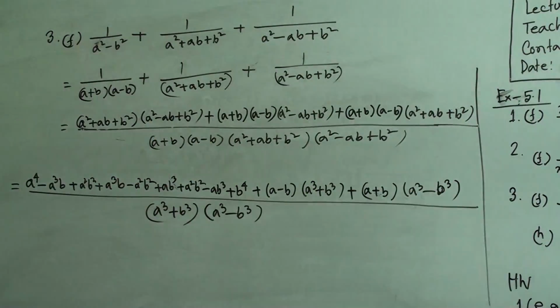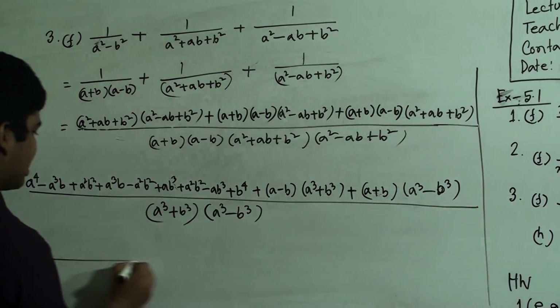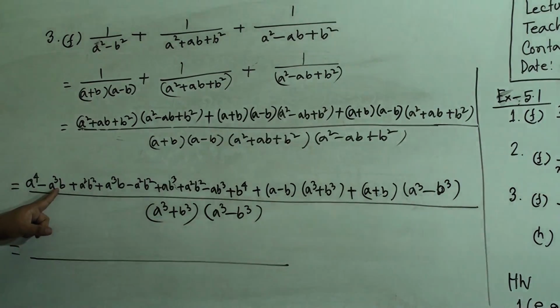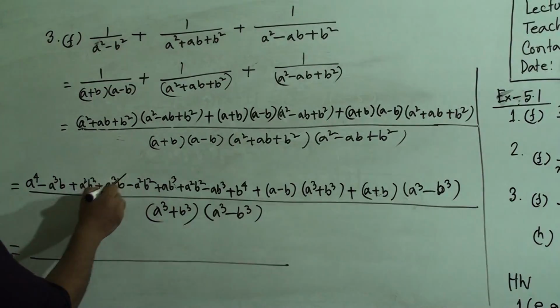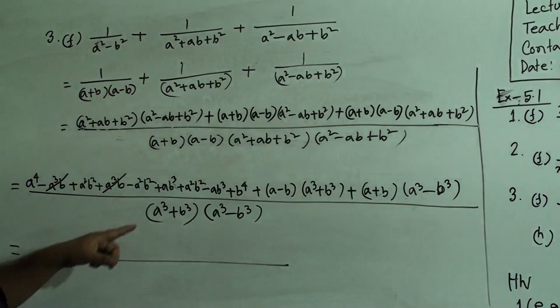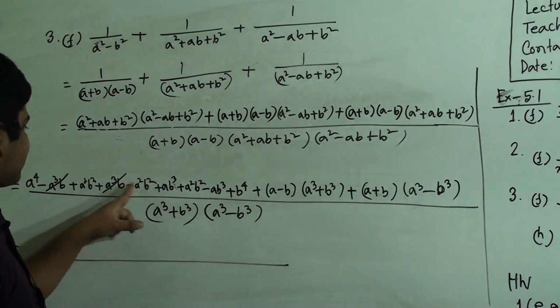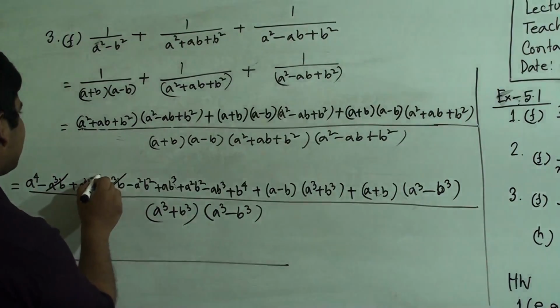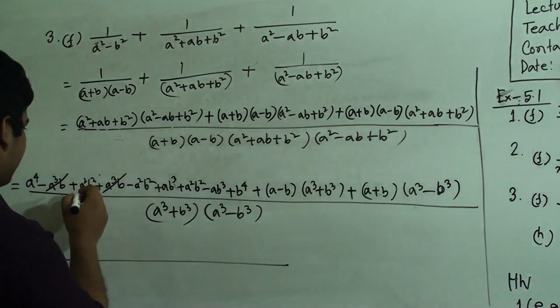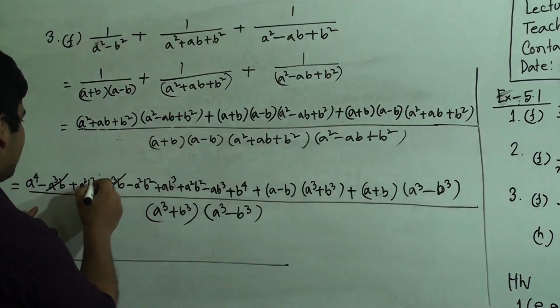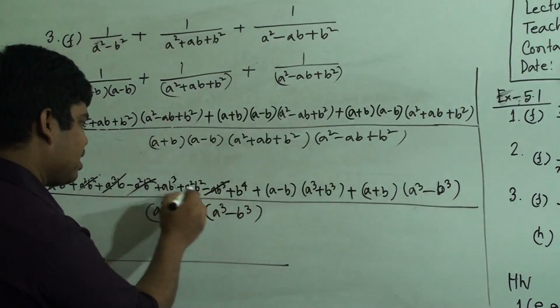Okay, now my dear student, we cancel a cube b, a cube b, these are cancelled. And notice a square b square, a square b square, these are also cancelled. And here you notice ab cube and ab cube, they are cancelled.